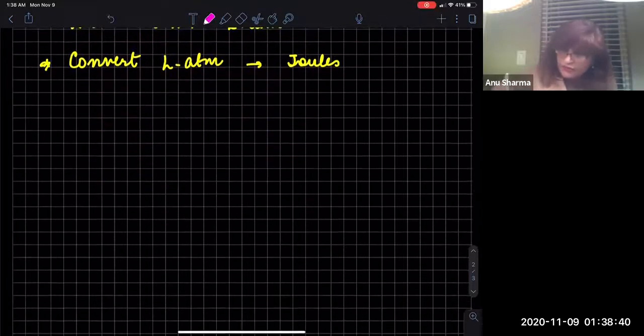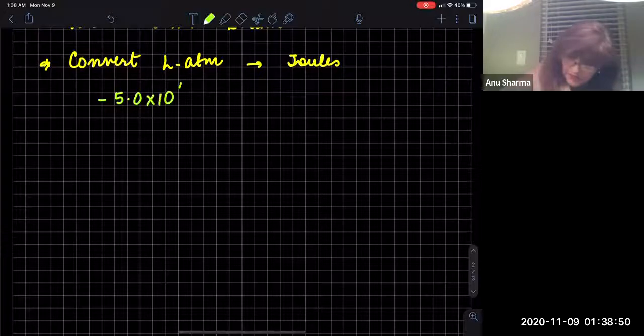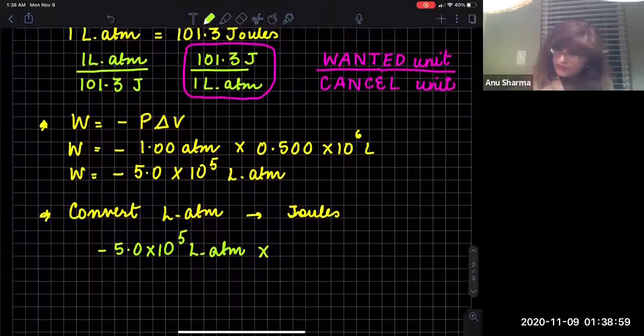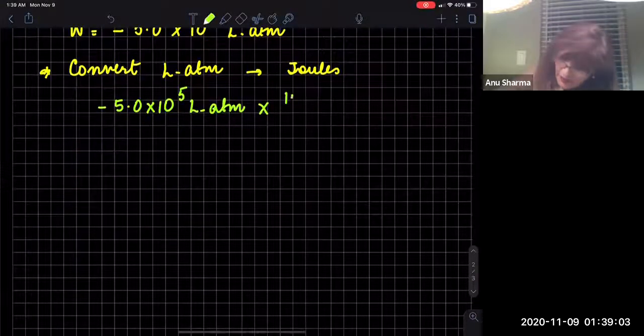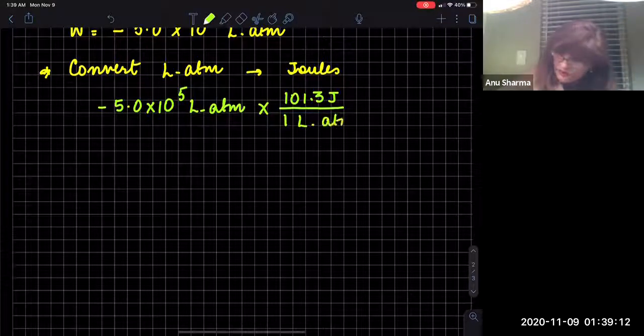So now we are going to write this down. Negative 5.0 into 10 to the power 5 liters dot atmosphere times 101.3 joules over 1 liter dot atmosphere.